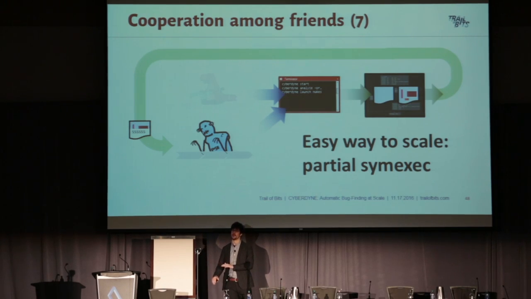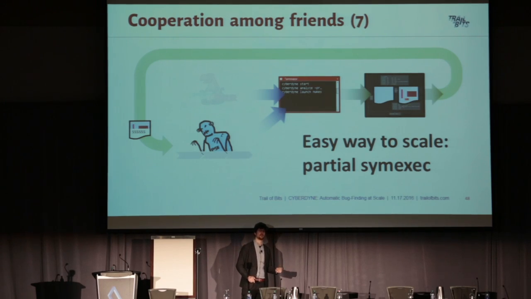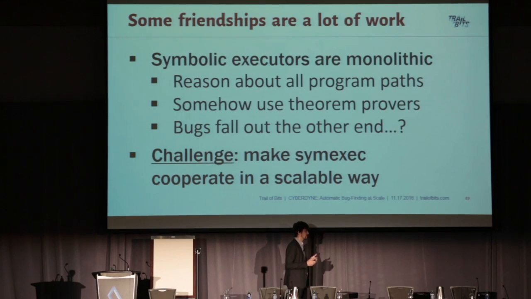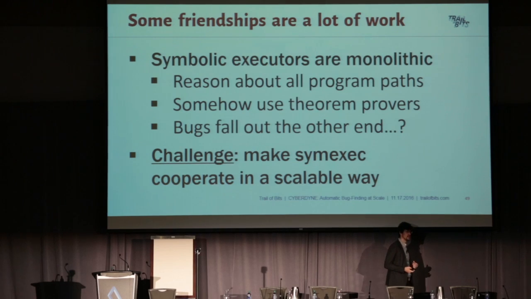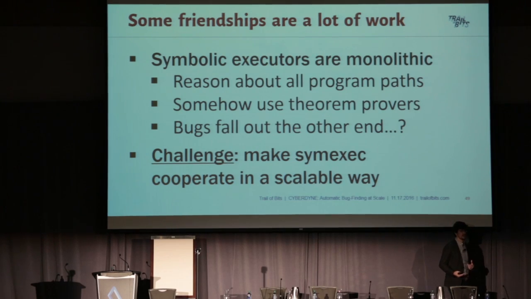Treat it as symbolic. And this is very simplistic, but I'm going to try to convince you that this simple approach is the right approach, because symbolic executors themselves, they're not easy to work with. They're not simple programs. They are monolithic. They do a lot of things internally, and we want to fit them in.